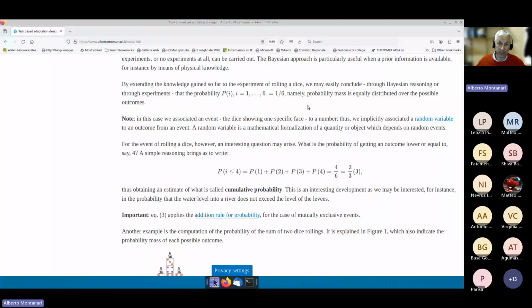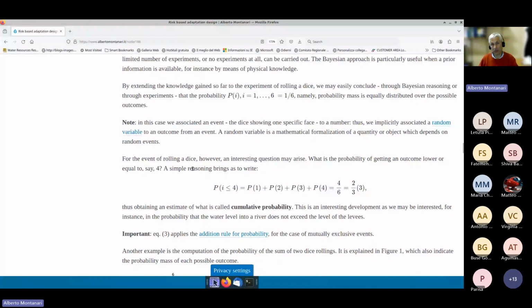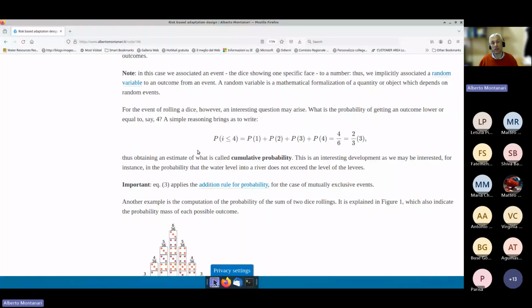For the case of rolling a dice, we can define also the probability of not exceedance. And look at the equation that you see on the screen now, in the center of the screen. If I want the probability that an outcome is lower or equal than 4, we just need to sum the probability of all the outcomes that satisfy the requirement.